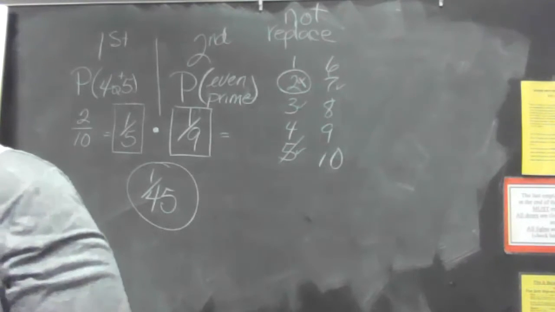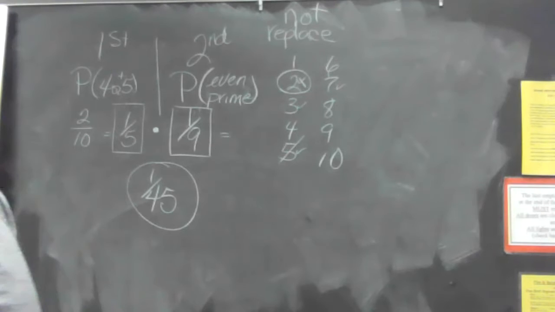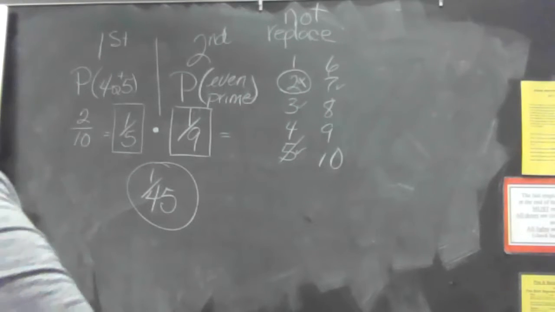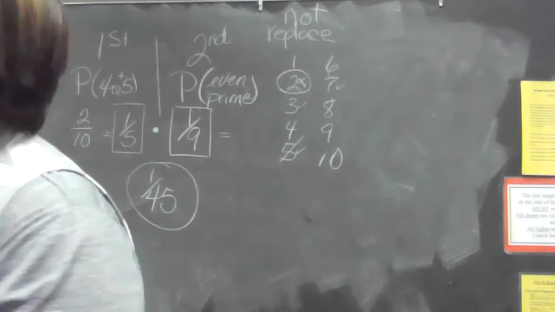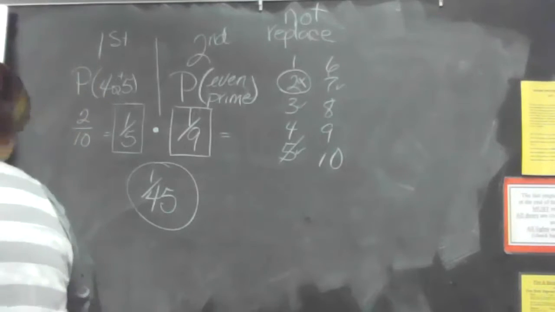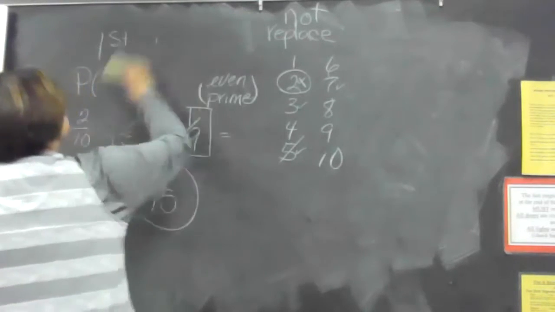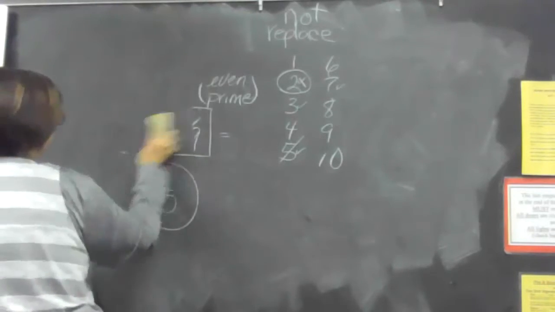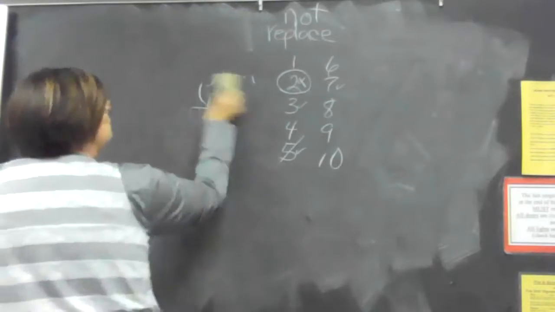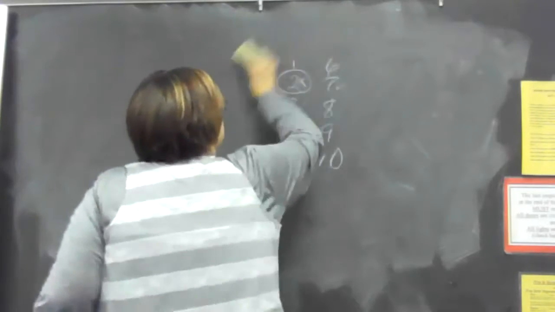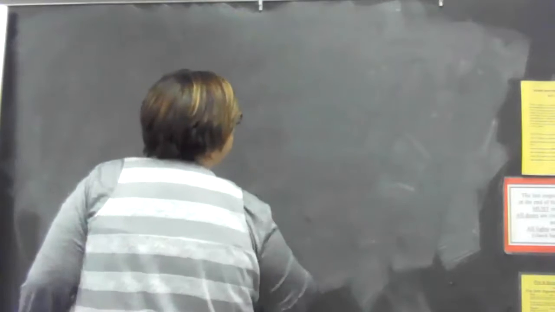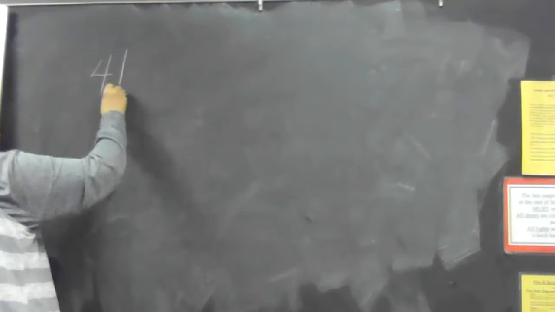Now, page 3 is simply talking about what factorial means. Factorial simply means, for an example, 4 factorial.